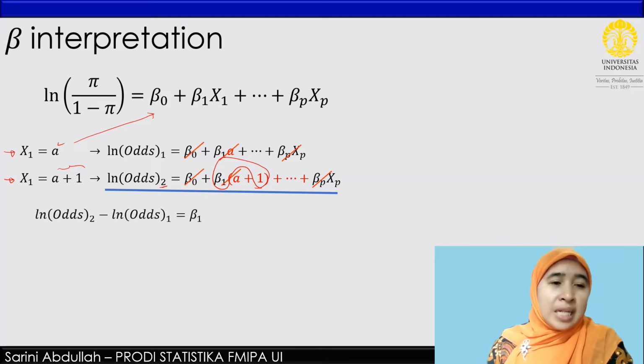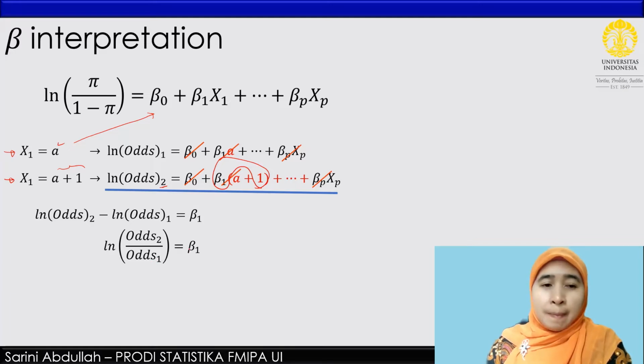So the difference in the logarithm of odds is just beta 1. Applying the property of the logarithm, the difference in logarithms is the logarithm of the ratio of those two odds. So the logarithm of odds 2 over odds 1 is given by beta 1.